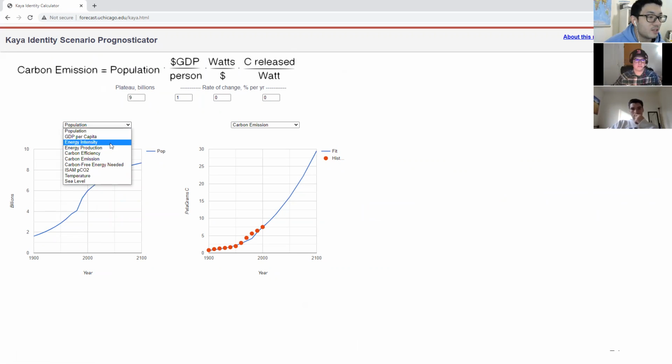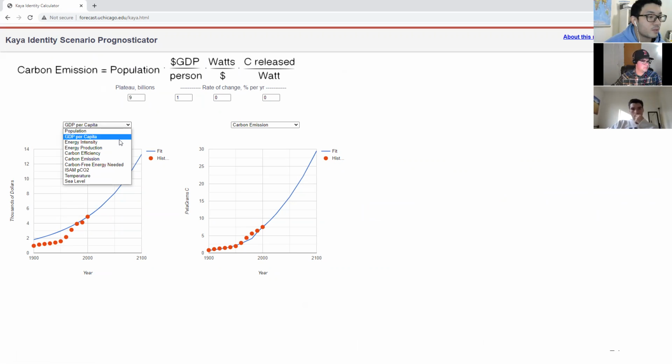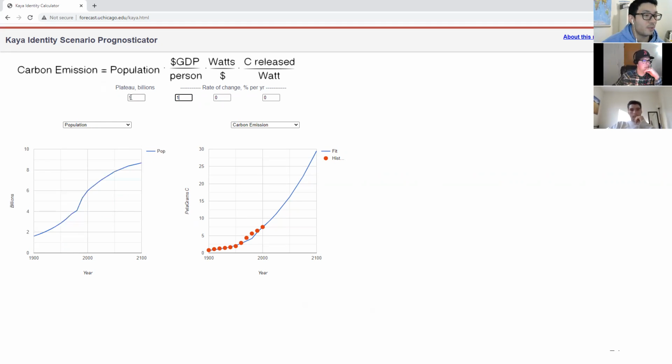So let's say I wanted to improve the energy intensity. Oops, what's going on here? I don't know why it's switching to this. Okay, well, let's say we want to change the GDP per capita when it's growing at 1% and I have a plateau of 9 billion people. Oh, okay, I see.